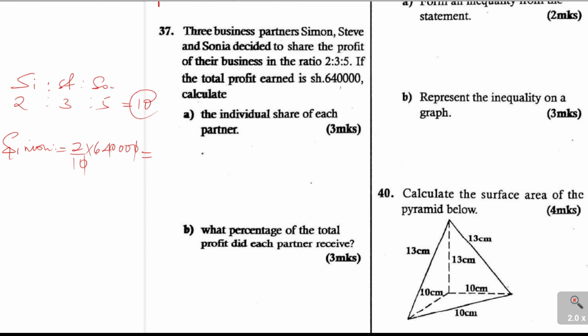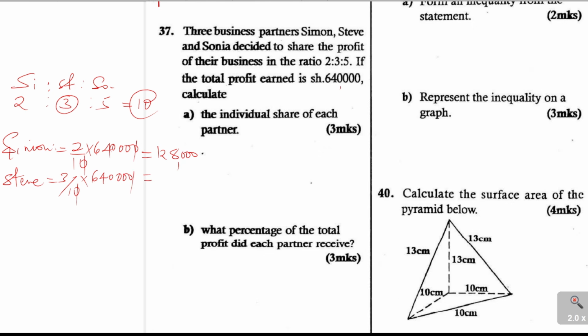When you multiply these, 2 divided by 10 multiplied by 640,000 gives 64 times 2, which is 128,000. That one is for Simon. Then for Steve, it is 3 divided by 10, multiplied by 640,000.